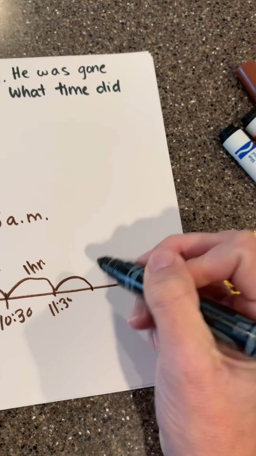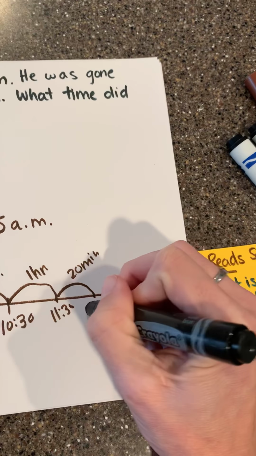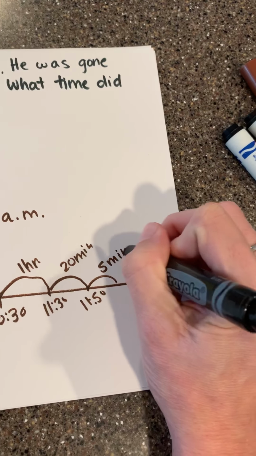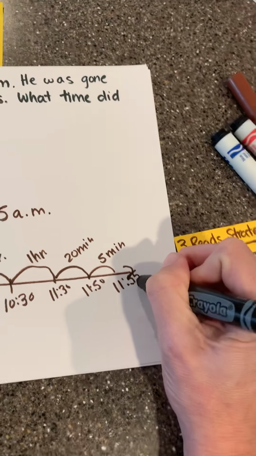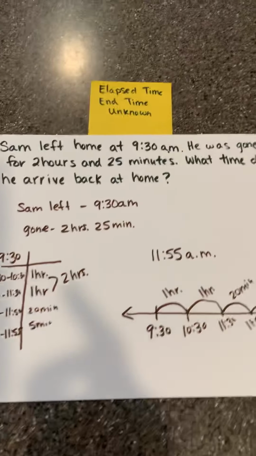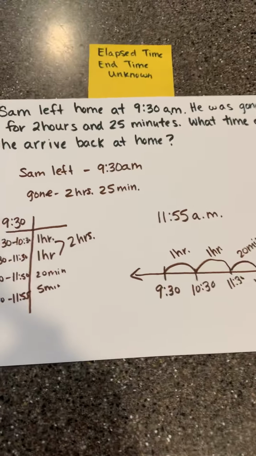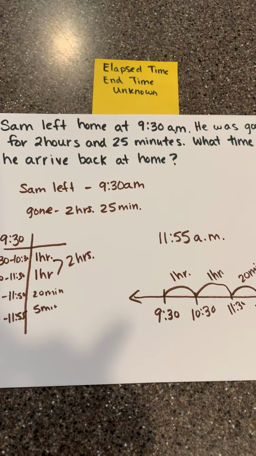And then I'm still going to just do my 20 minutes here, so that takes me to 11:50. And then I'm going to do my 5 minutes, which takes me to 11:55. So you can see there are 2 different ways to solve this. You can use a T-chart or you can use a number line. Remember, if you go over 12 o'clock, you're going to have to change from either AM to PM or PM to AM.